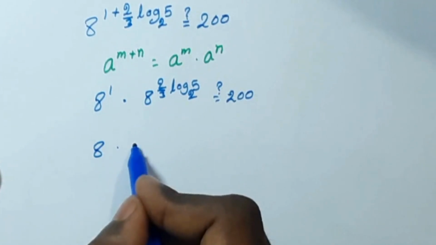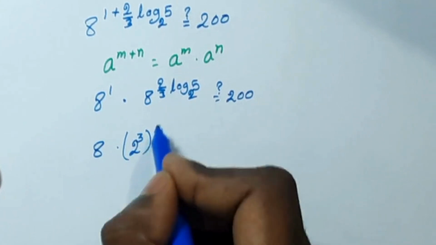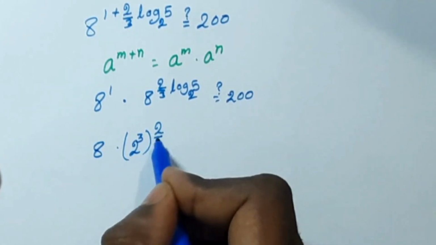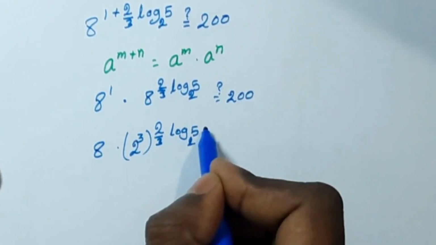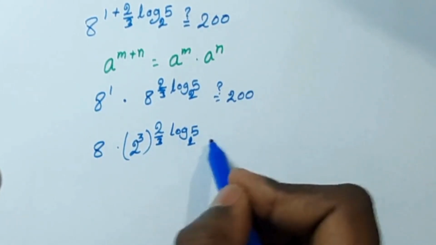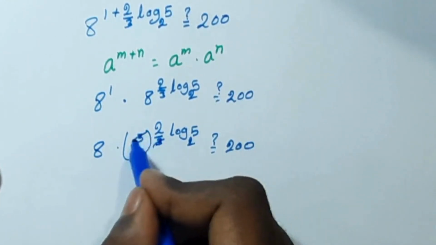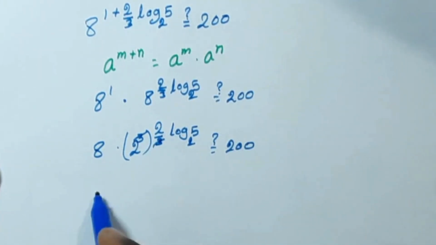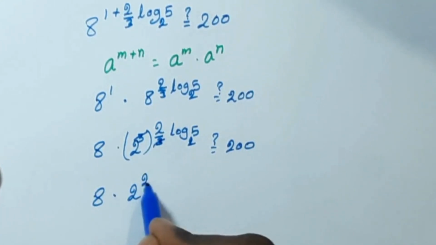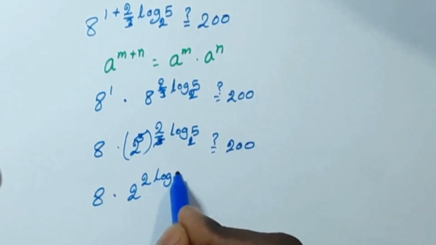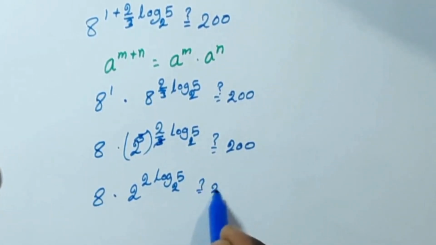This 8 can be written as 2^3, so 2^(3 × (2/3) log 5 base 2). This 3 and this 3 cancel each other. So we have 8 times 2^(2 log 5 base 2) = 200.